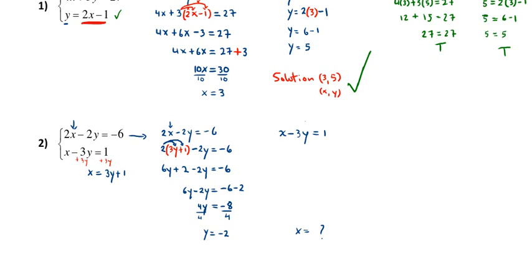We're going to substitute now the y because that's what we have. So x minus 3 times -2, which is the value of y that we just found. Simplify this, negative times another negative, that becomes positive. So it's x plus 6 equal to 1.